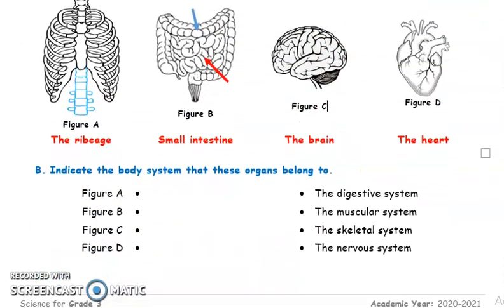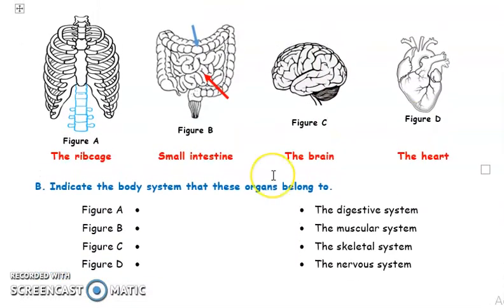In part B, we have to indicate the body system that each of the organs shown in the figures belongs to. Figure A, that shows the ribcage, belongs to one of these 4 body systems. As I mentioned, the ribcage is made of bones. Our bones build our skeletal system.